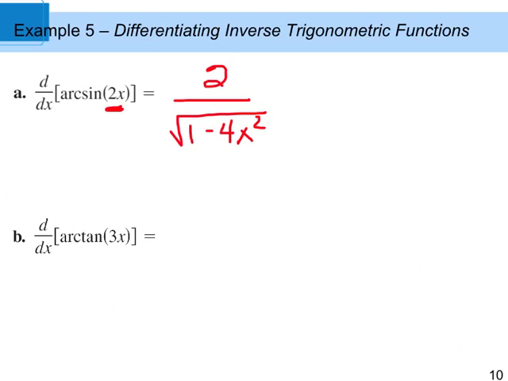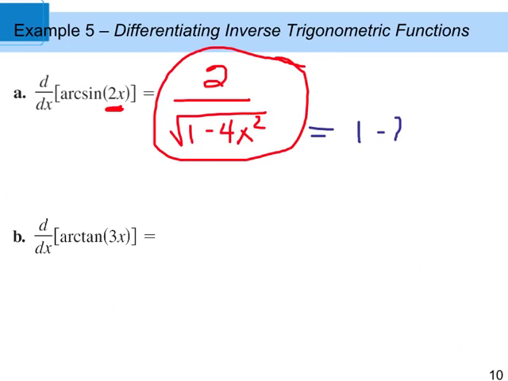There's absolutely no way you can simplify this. The square root of 1 minus 4x squared, by the way, please do not tell me that the square root of that is the square root of 1 minus the square root of 4x squared, because it's not. So don't even think this. So that's your final answer. There's no way to simplify that.